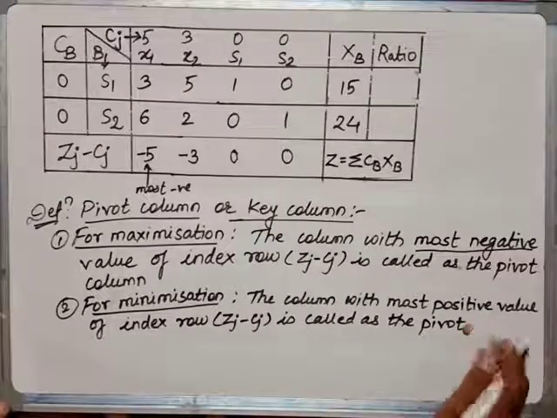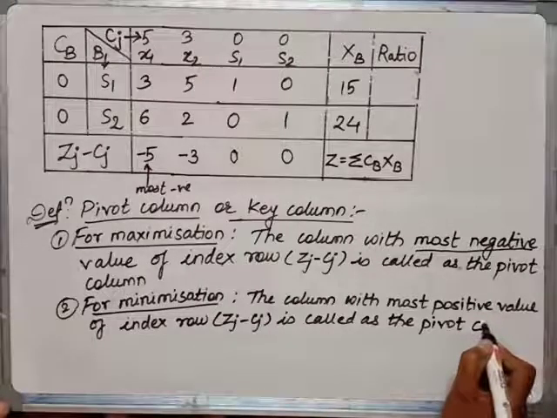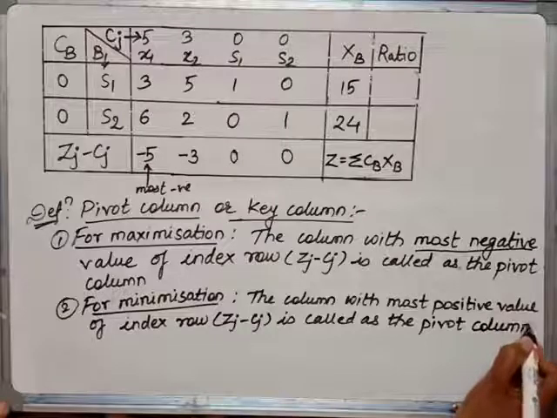Sorry, not pivot row, it is pivot column, but for minimization type.